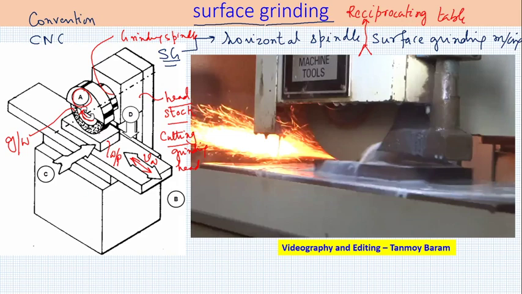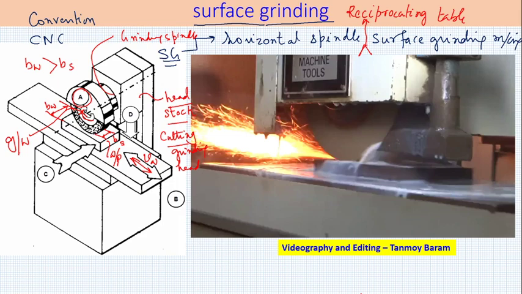What else do you have? As you can see, this is the width of the grinding wheel, which is denoted by BS, whereas the width of the workpiece is much larger. So in this particular case, the width of the workpiece is much larger than the width of the grinding wheel.